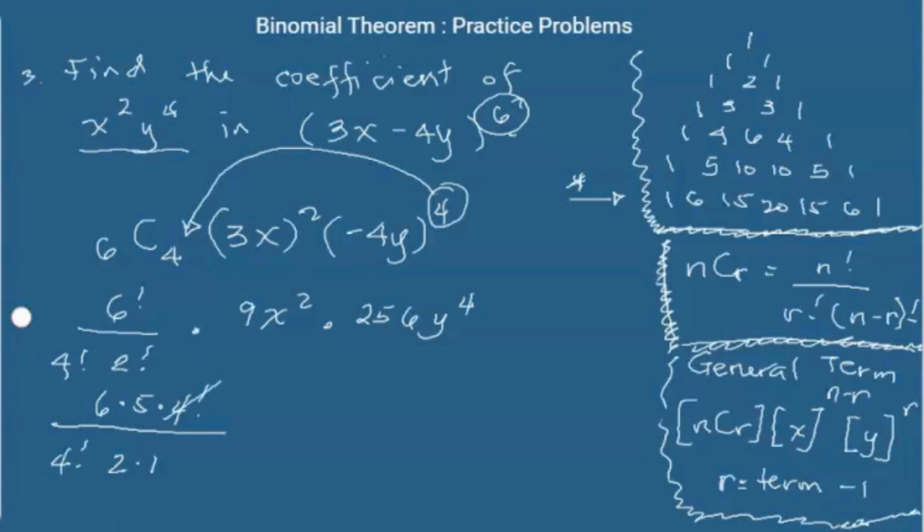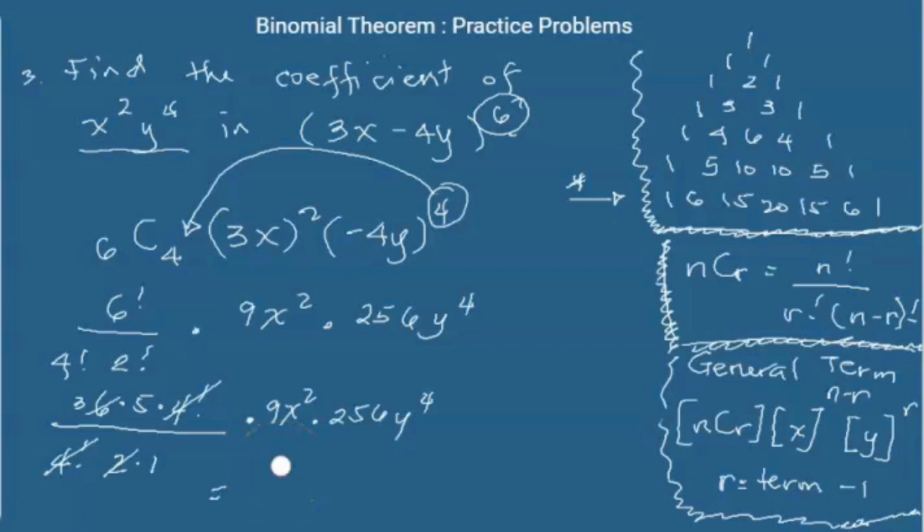So cancel that, and 6 divided by 2 is 3. So I have 15 times 9x squared times 256 y to the 4th. Let's use our calculator to combine 15 times 9 times 256.